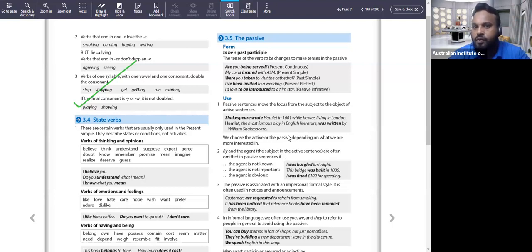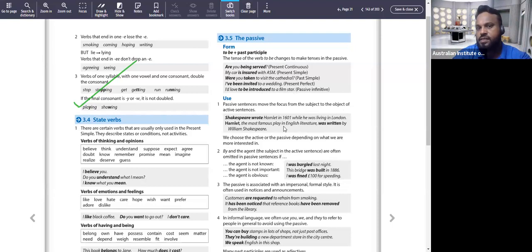In present simple, the to be verbs are am, is, are, right? And in the past, we have was, were. So was is used as the to be verb, and written is the past participle form.